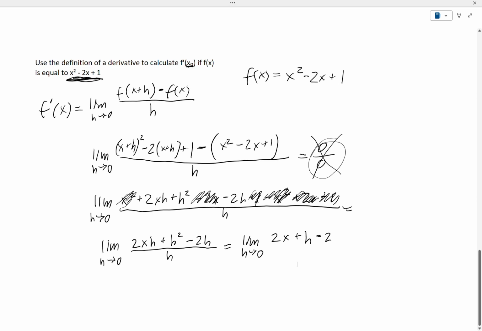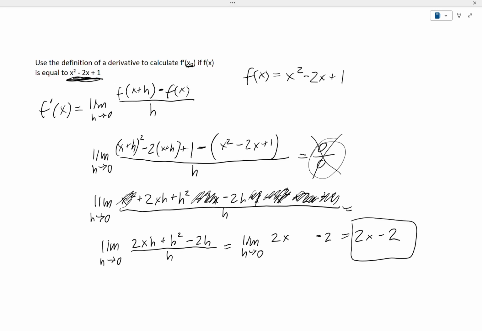Now you can see how if I do attempt direct substitution, and then for h, let's say I put 0, okay, I didn't even have to put 0 in because it's 0, and this becomes 2x minus 2.